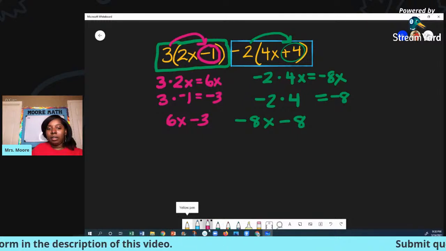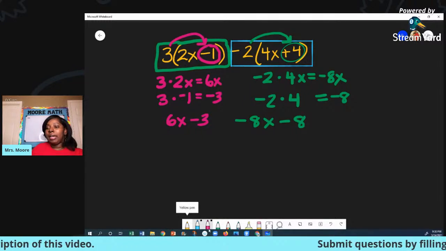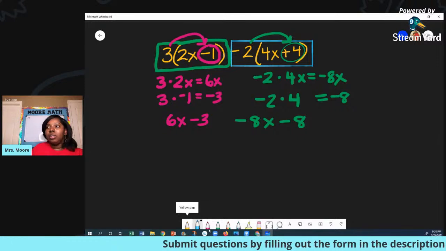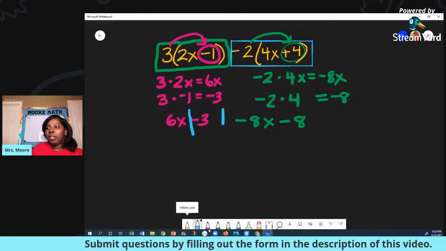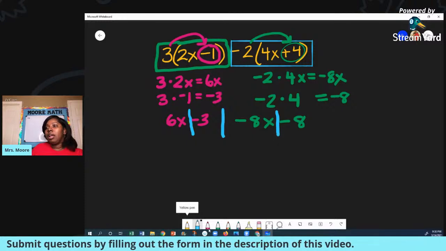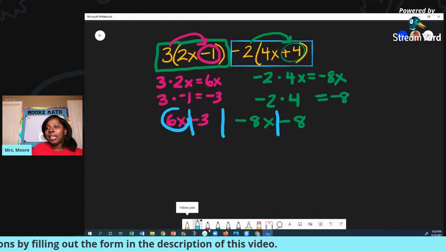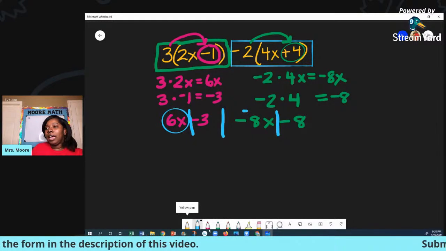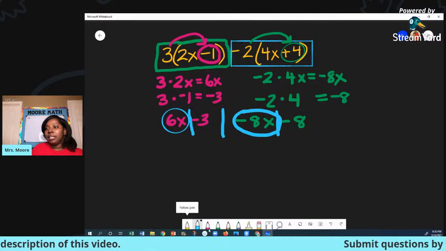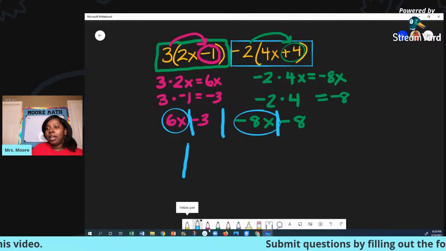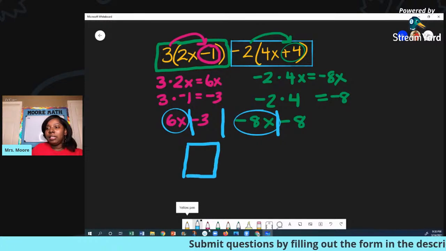Okay, we're not done because we need to combine our like terms. So separate your terms. I see 6x and negative 8x. Those are the only ones with x's.